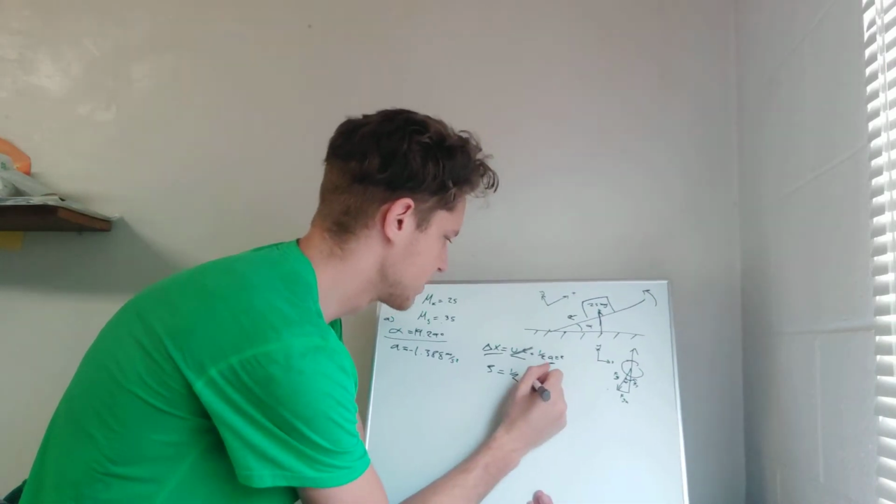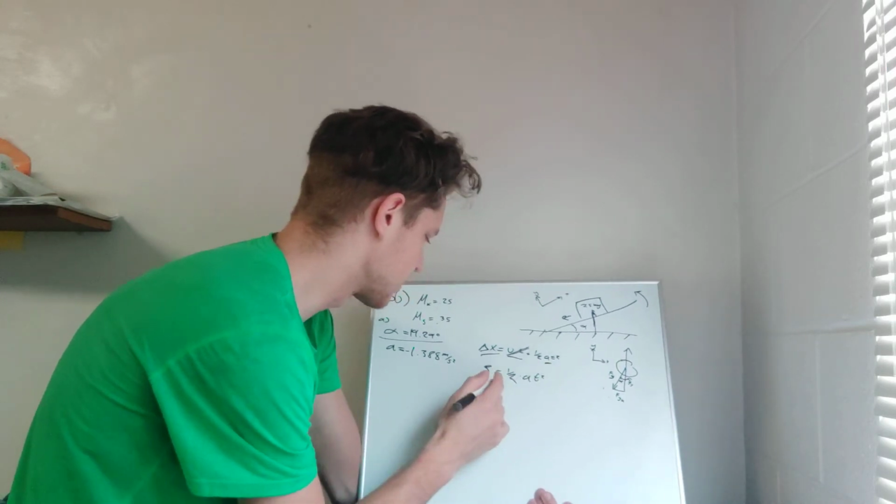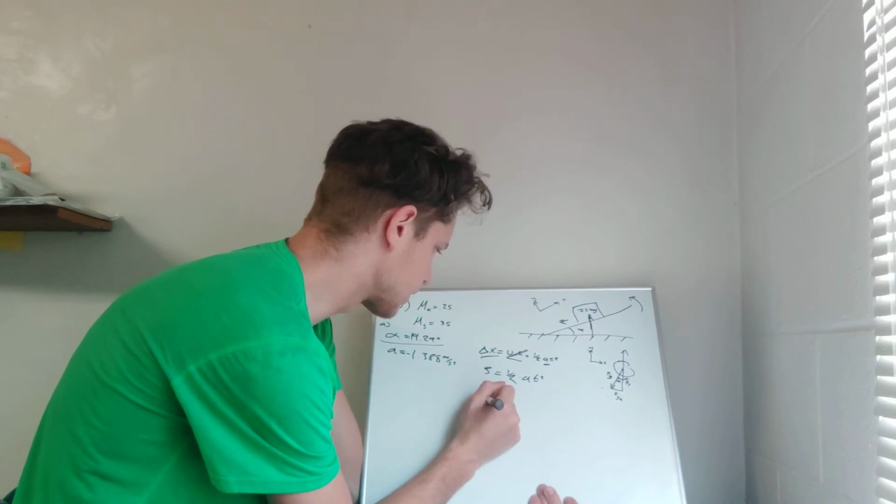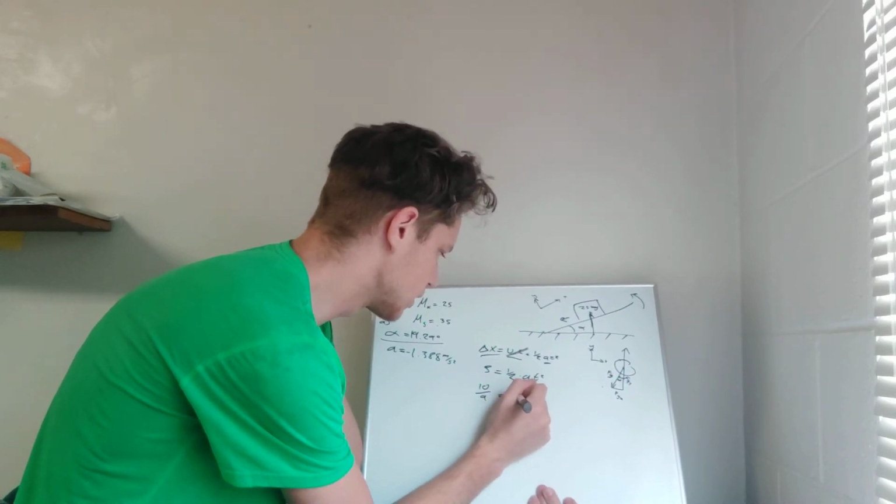So 1/2 at squared. Then you can multiply both sides by 2, so 10 over your acceleration equals t squared.